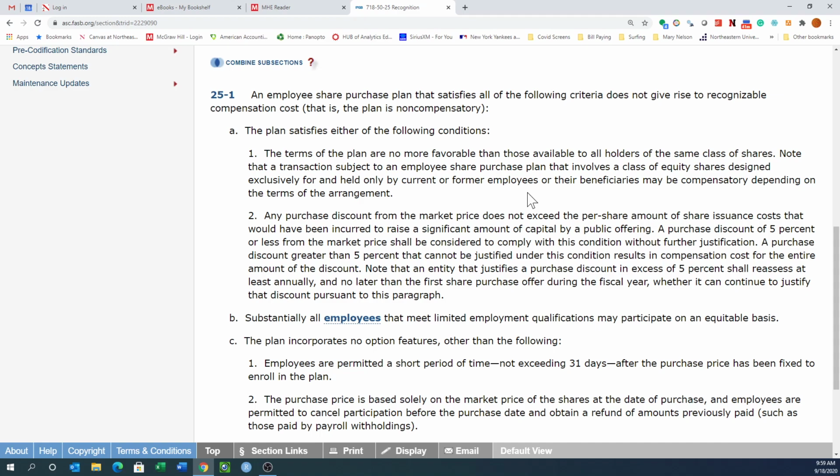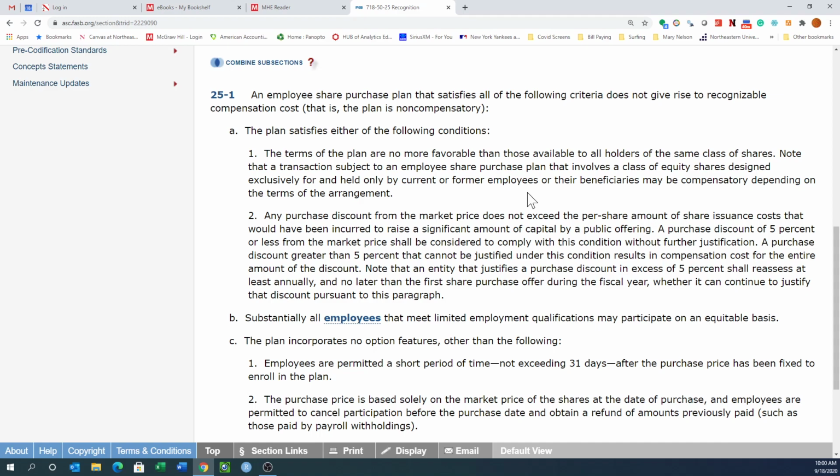But since you're issuing to your employees, we'll let you issue them to your employees at a little bit of a 5% haircut. The employees go, wow, I'm buying these shares. It's $100 a share, but I get to buy it for $95. I already have a gain. And that's okay.